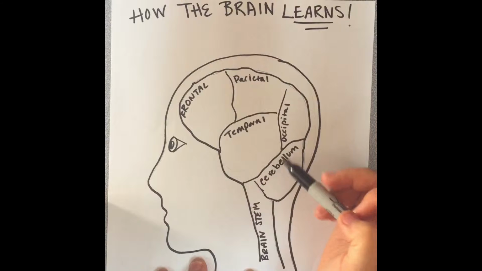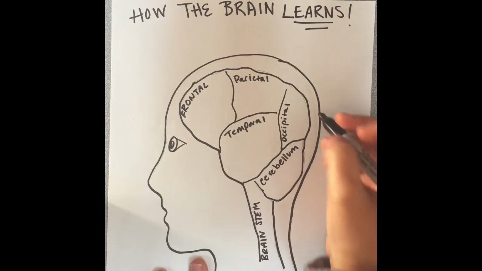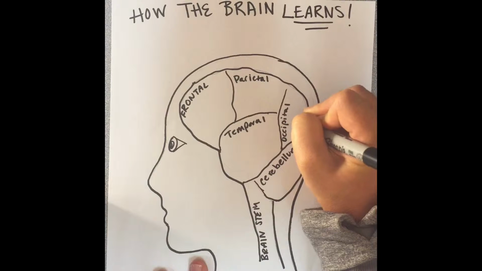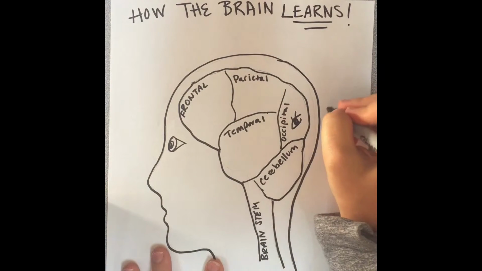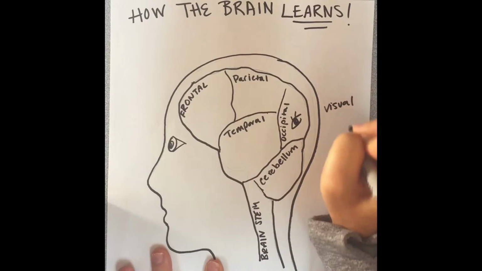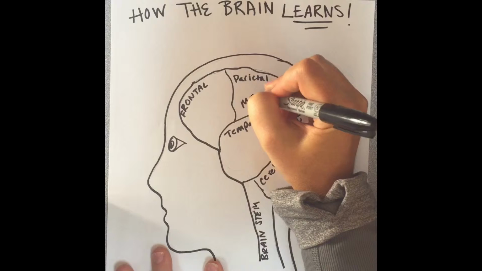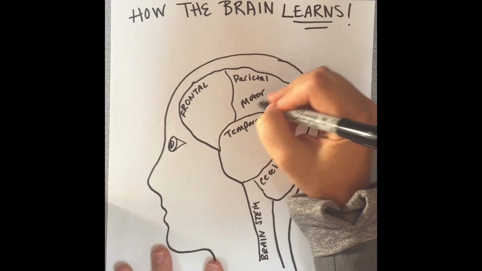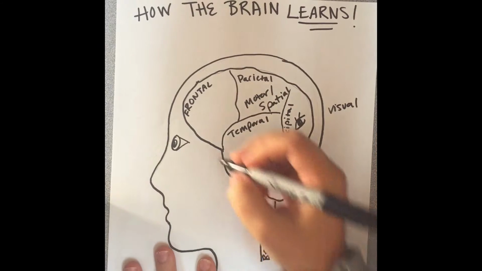So each one of these parts of the brain is in charge of a different function. So occipital is like your eyes, things that you see. So this is where visual memories are formed. This is like motor or spatial information is stored. The frontal is judgment.